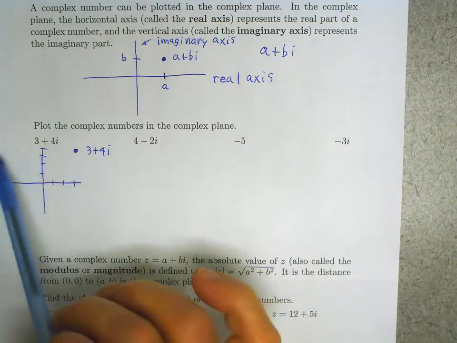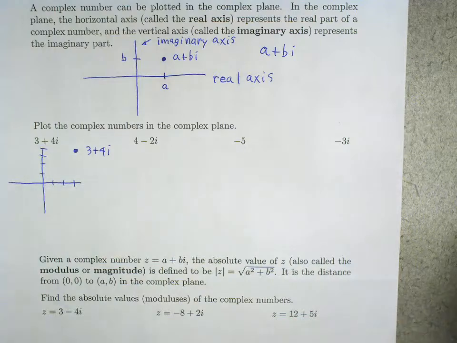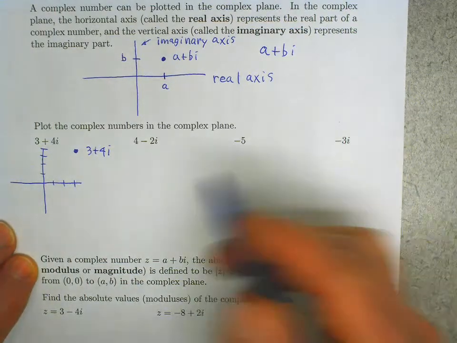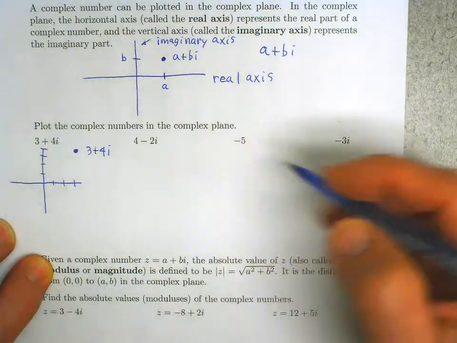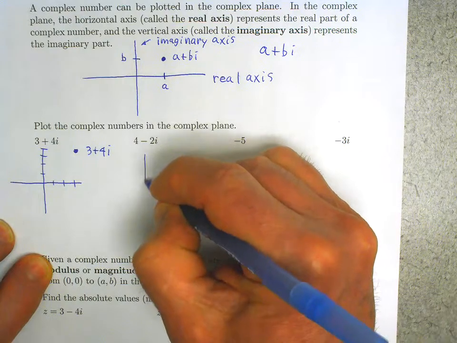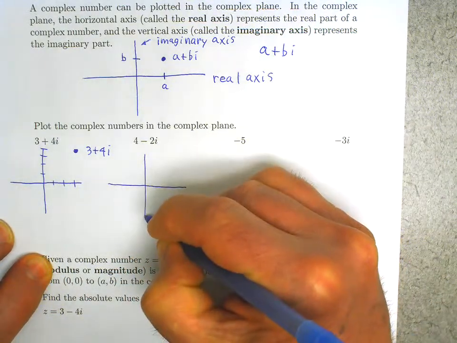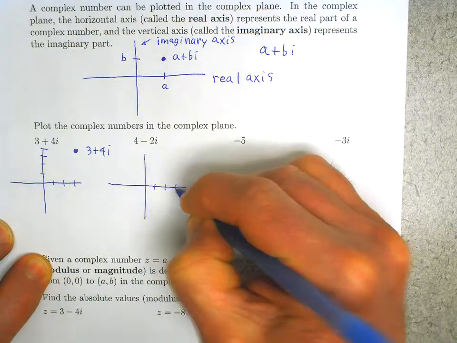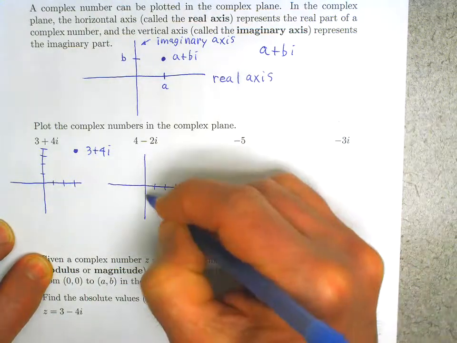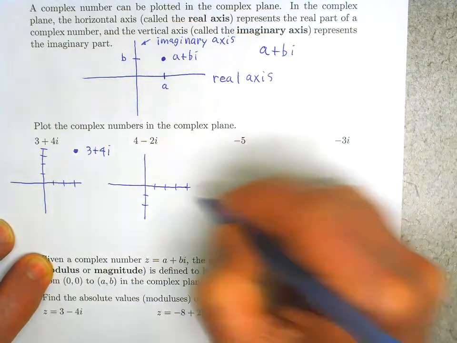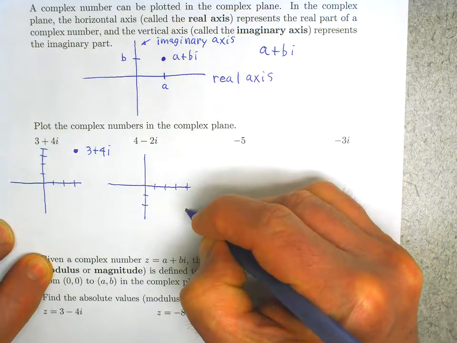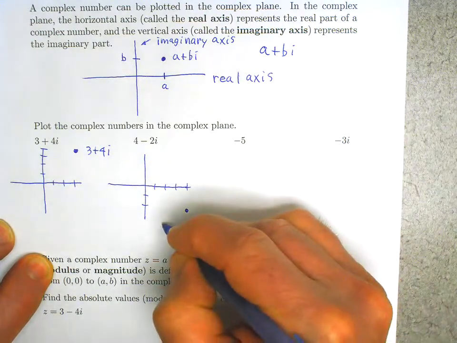The four quadrants will come into play a little bit later. Plot this number, 4 minus 2i. So the real part is 4. The imaginary part is negative 2. So this is the point 4 minus 2i.